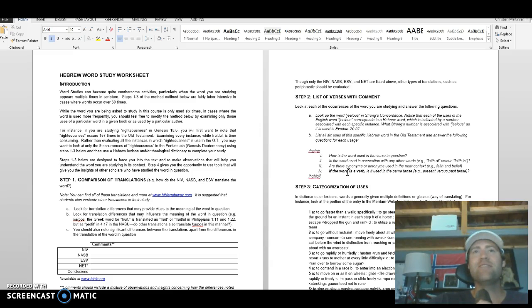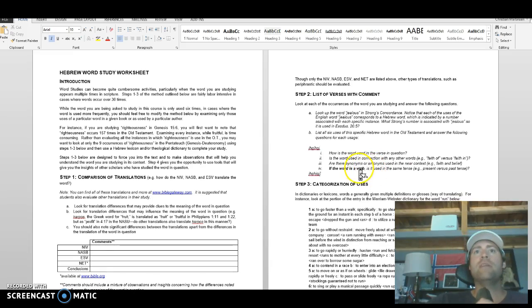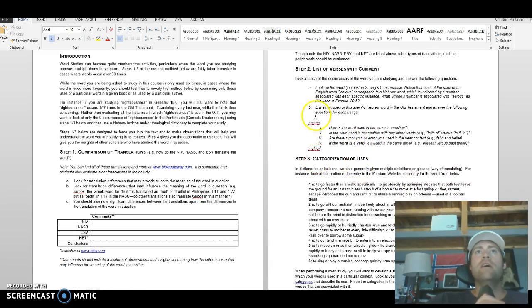I don't know why I'm giving you verbs as if you don't know what a verb is. The answer to the question is whether it is used in the same tense throughout, meaning, is it always used in the present tense or past tense? Is it always go, go, go, or have gone, and so on? So that's important to note.